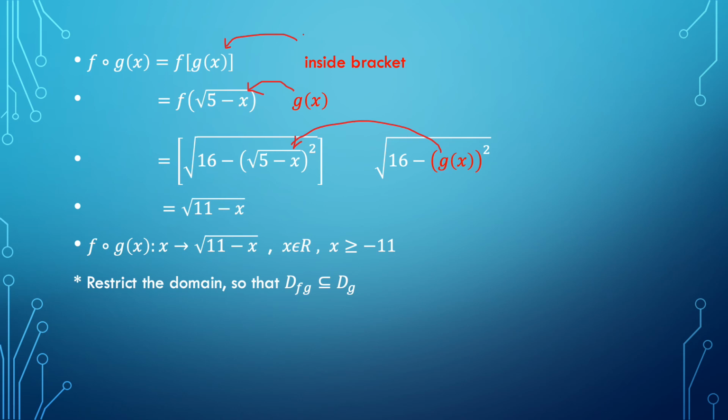x belongs to real numbers and x is greater than or equal to -11, because the expression 11 minus x must be greater than or equal to 0. From here, we get the domain for the composite function f of g is x greater than or equal to -11. Now we are going to restrict the domain so that the domain for the composite function f of g is a subset of the domain of function g.